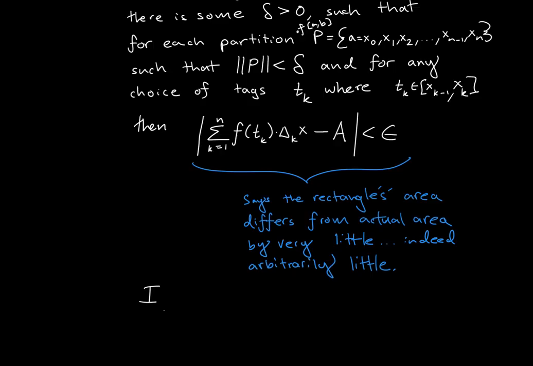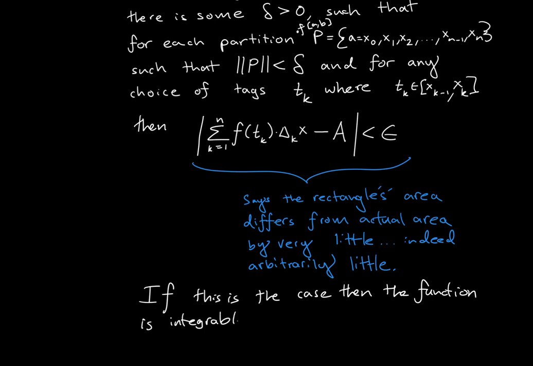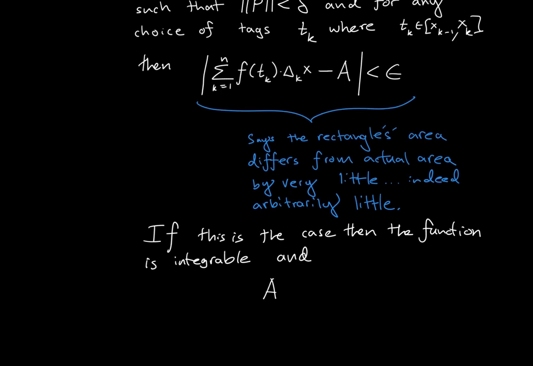If this is the case, then the function is integrable, and that number A is denoted by the integral from a to b, like I said, this is how we would read this, of f of x dx.